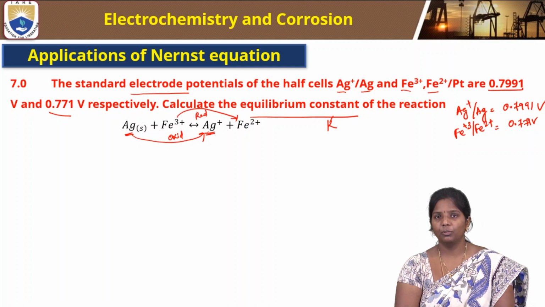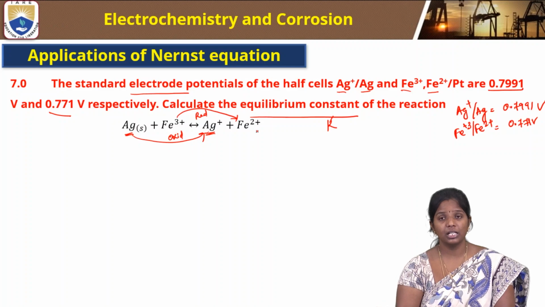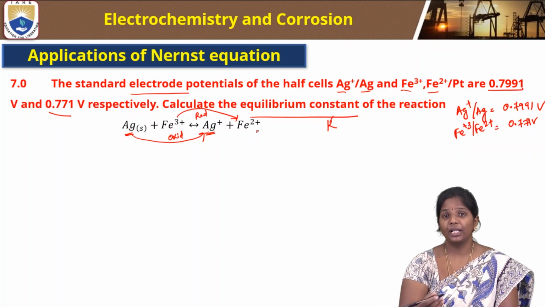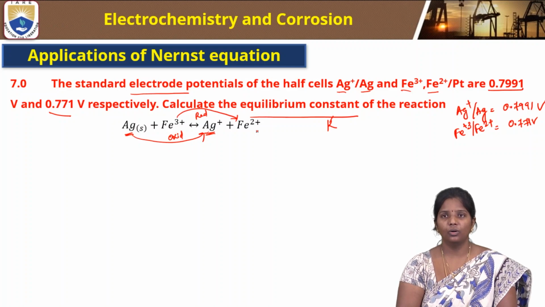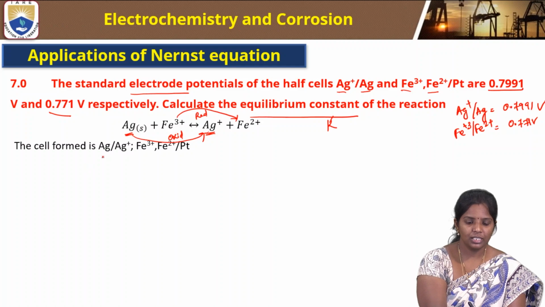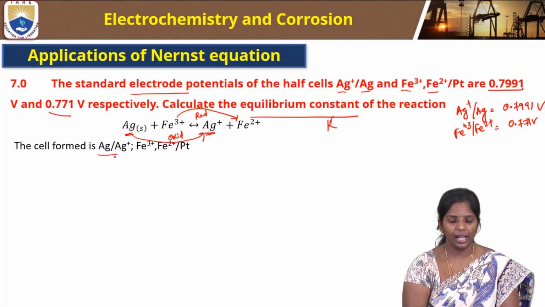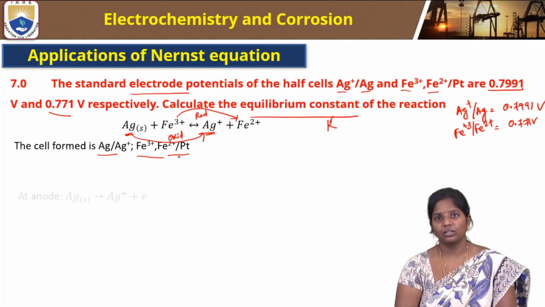We need not worry about plus 3 to plus 2. It is not going to the zero state, meaning it is not depositing as a metal, but still reduction is taking place from the plus 3 state to the plus 2 state. So it is still a reduction reaction. The cell formed is Ag to Ag plus and Fe3 plus to Fe2 plus with the reference electrode of platinum.